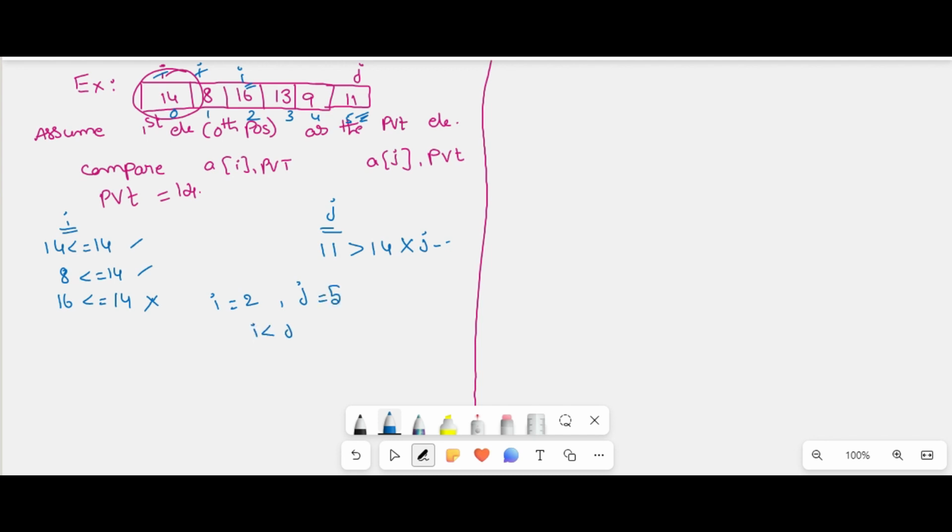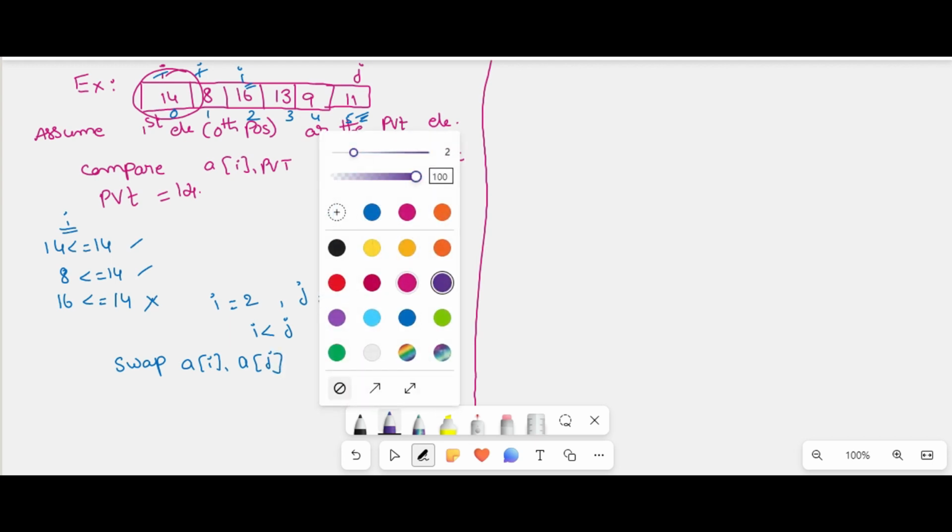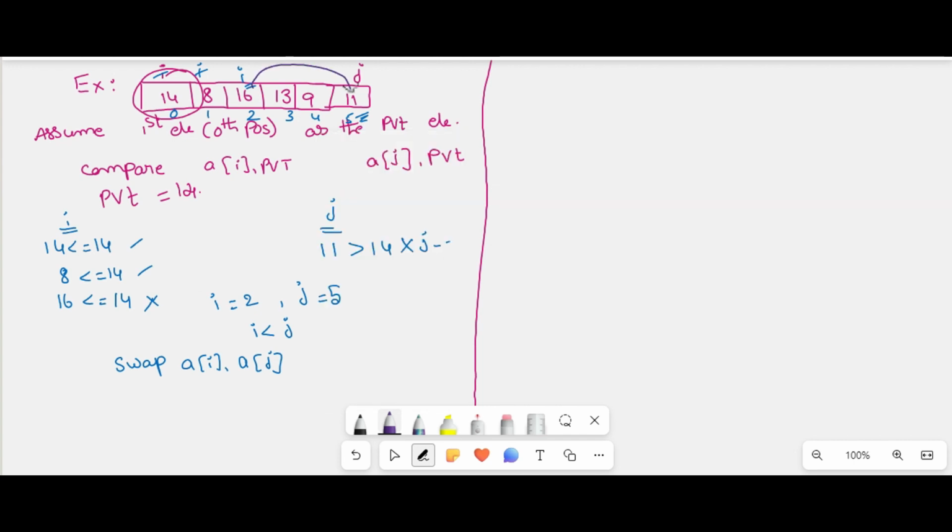Here i is less than j, so swap A of i and A of j. That means these two elements will be swapped. A of i is 16, so 16 and 11 are swapped. Now I am writing the resultant array here.